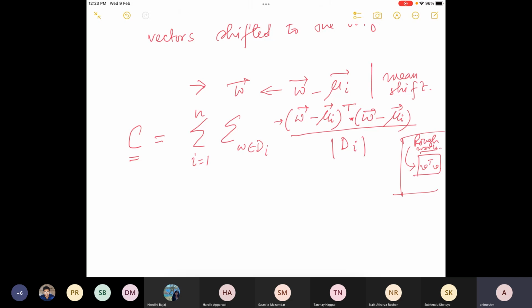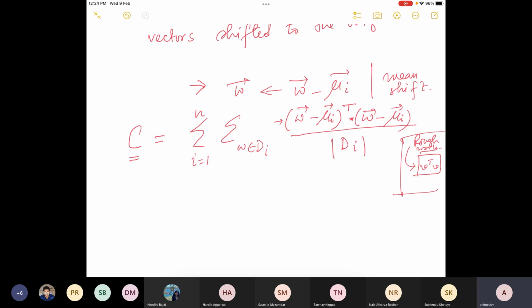There is a sum over i equals 1 to n, and W belonging to D_i. So this C, what is this? This is a vector. Think carefully. This is simple mathematics. There is no trick, no jugglery here.